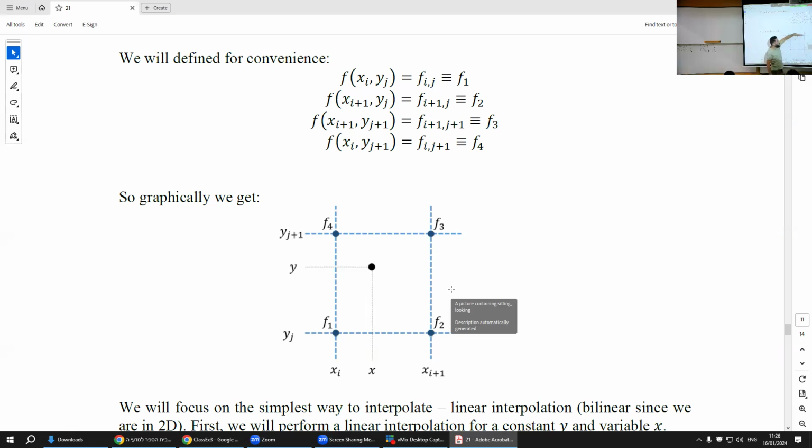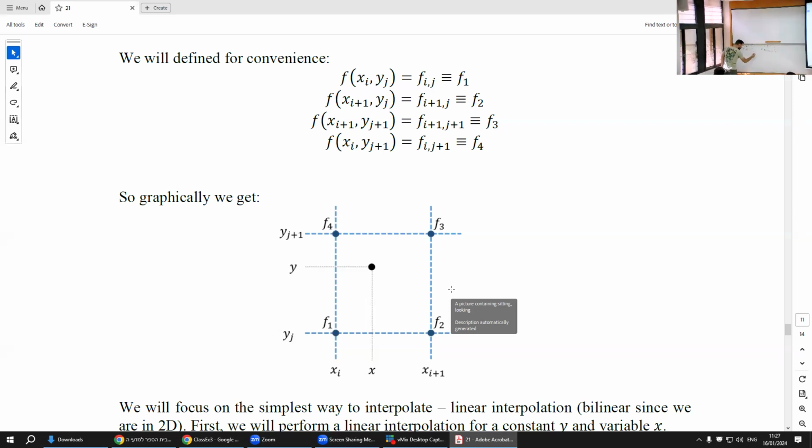Then I will interpolate the function f of x at the fixed yj plus 1, or y2, also as another linear function of x. Now I have a function at y1 and another function at y2, and now I interpolate these two functions along the y-axis. In the same way, it will also be linear in these two f's. Okay, so let's see how we do this.